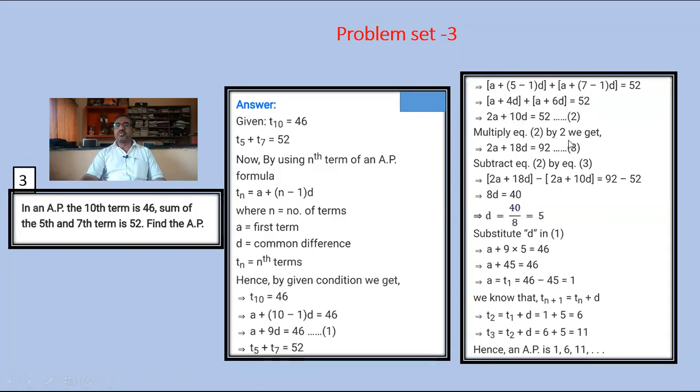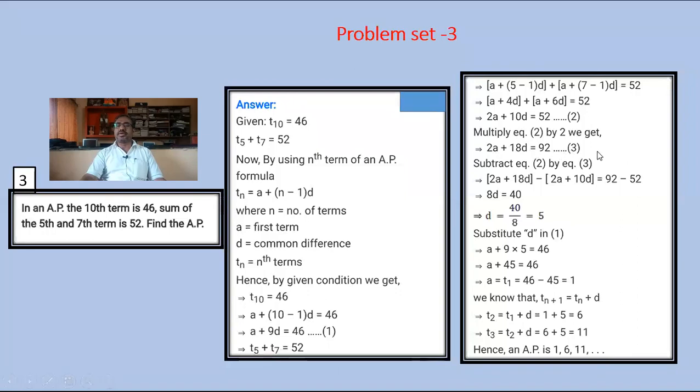Multiply equation 1 by 2. Equation 1 is a plus 9d is equal to 46. Equation 2 is 2a plus 10d is equal to 52. The coefficient of a in equation 2 is 2 and in equation 1 the coefficient of a is 1. So multiply equation 1 by 2: 2 multiply a plus 9d is equal to 46 multiply 2. 2a plus 9d into 2 is 18d, equal to 92.